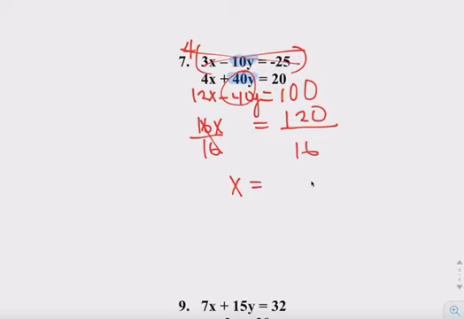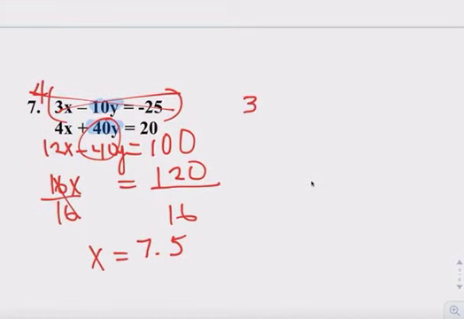Let's use a calculator. It's not 2. It's 7.5. Let me check. That's 12, that's 40, that's 100, yeah. 16. Well, 7.5. Let's put it back in.